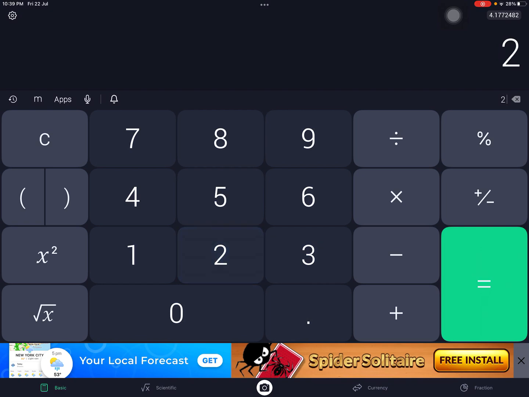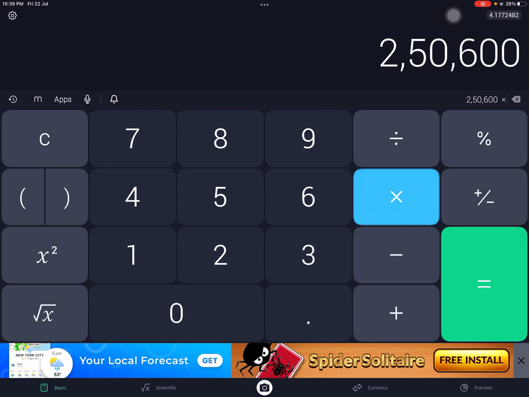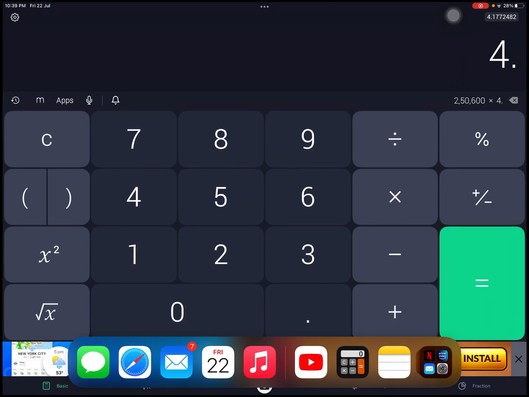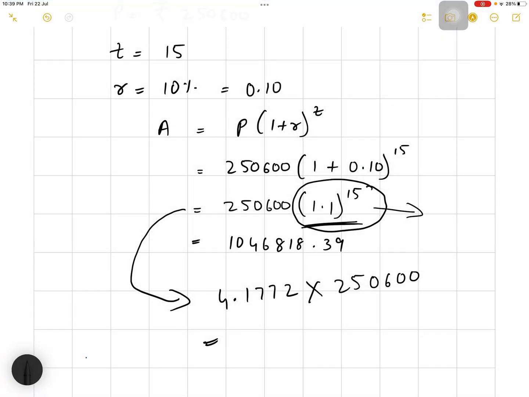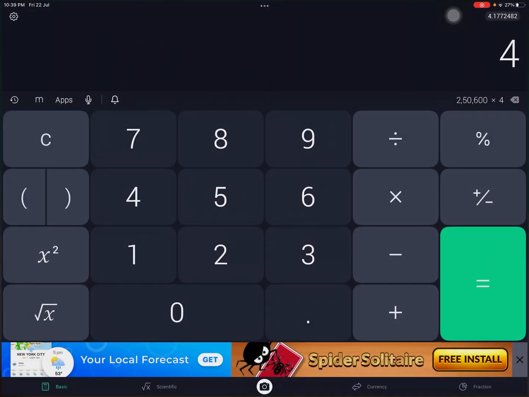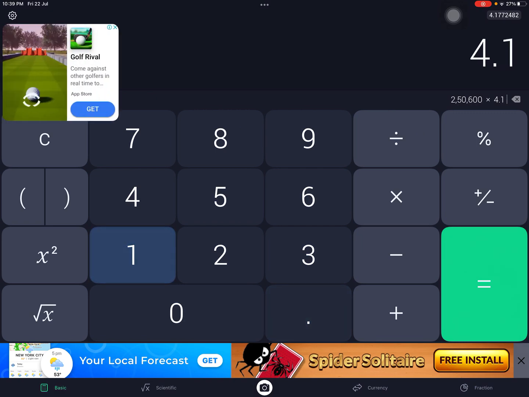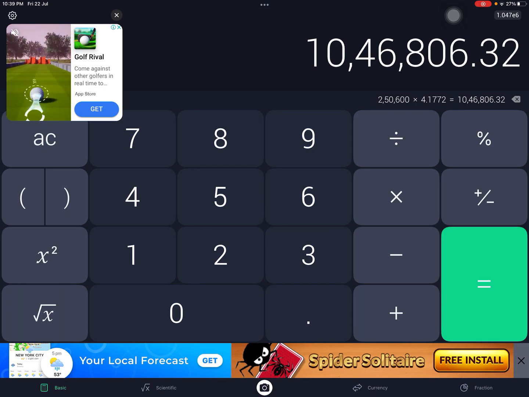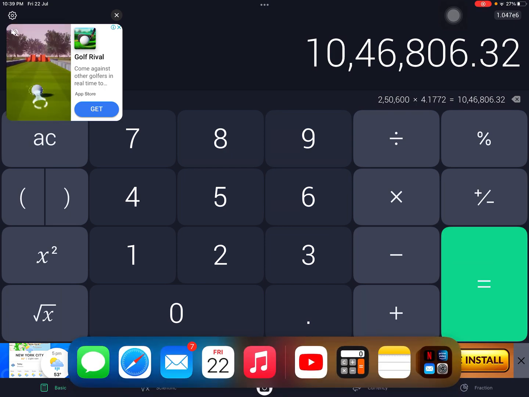So 2,50,600 multiplied by 4.1772, keeping only 4 decimals. Now it's coming 10,46,806.32.